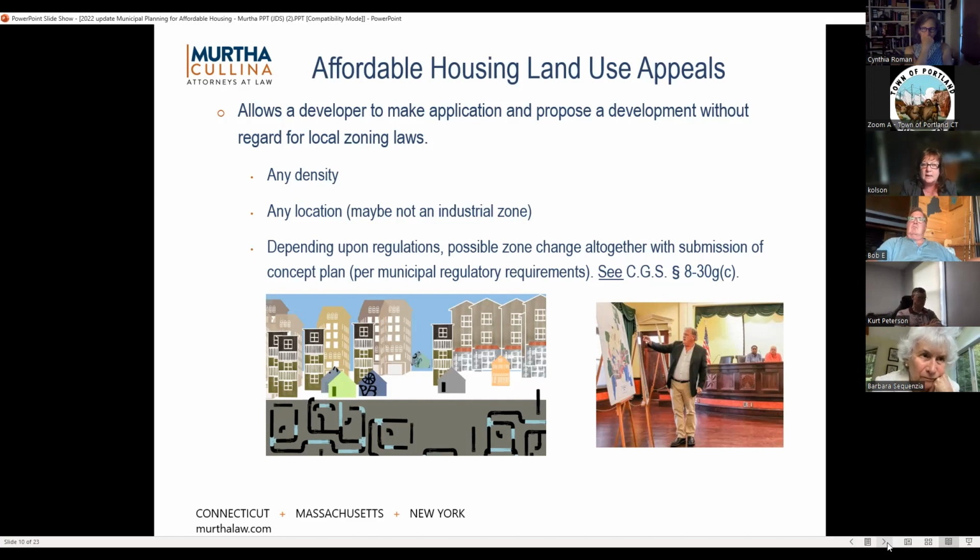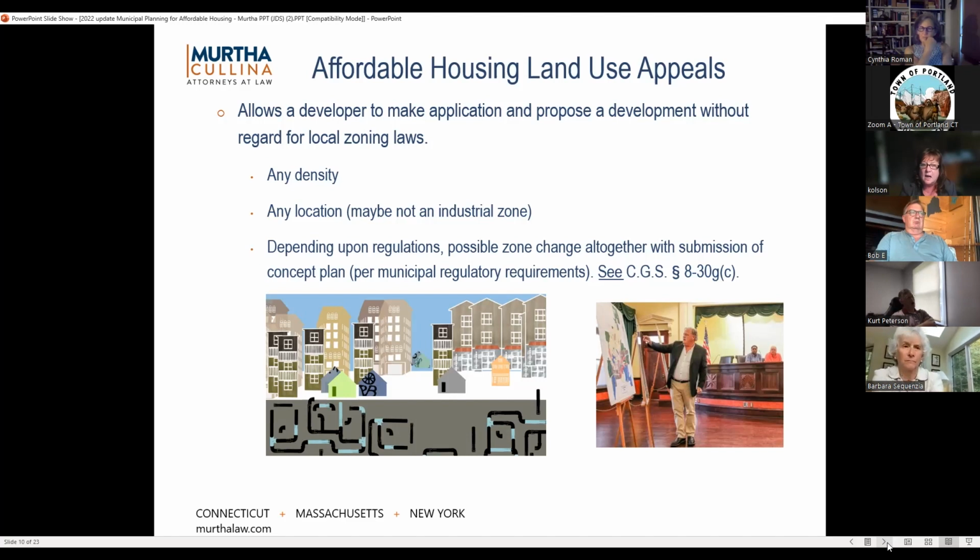So again, it allows for any density, allows you to escape the zoning regulations, any location, right? It doesn't matter what you've designated that particular land as. The one exception to that is that if you have an industrial zone that does not permit housing of any kind, that will allow you to escape the Affordable Housing Appeals Act.